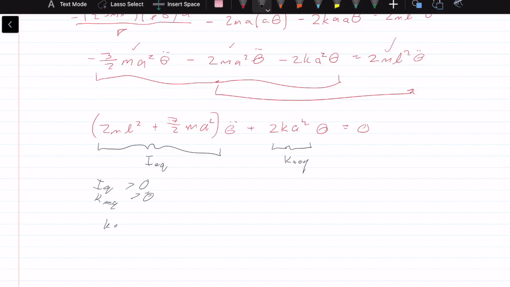We've got kilograms meters squared per second squared, which as before is Newton meters. We have K in newtons per meter times meters squared, cancelling out, we have Newton meters once again. So this would be our final answer.